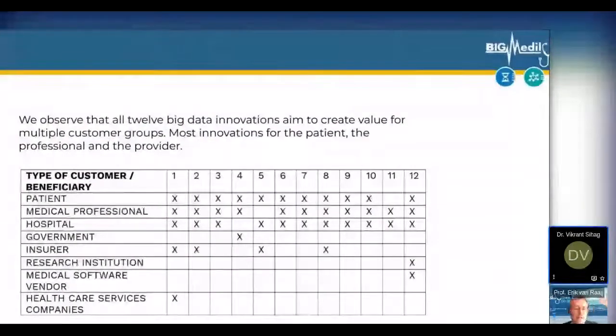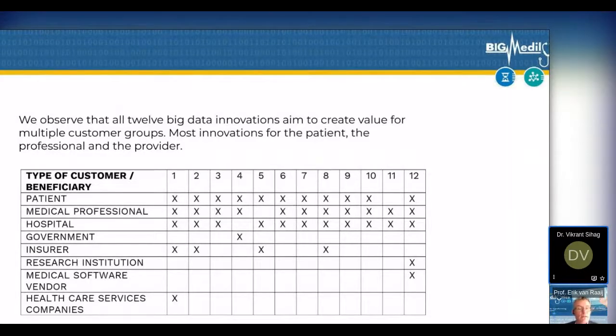And here you see for the 12 pilot teams at the top of this table, you see that they did identify different customer groups, but it's very clear that the patient, the medical professional, and the hospital, the healthcare provider, they were seen mostly as the beneficiaries of the innovation that's being developed.